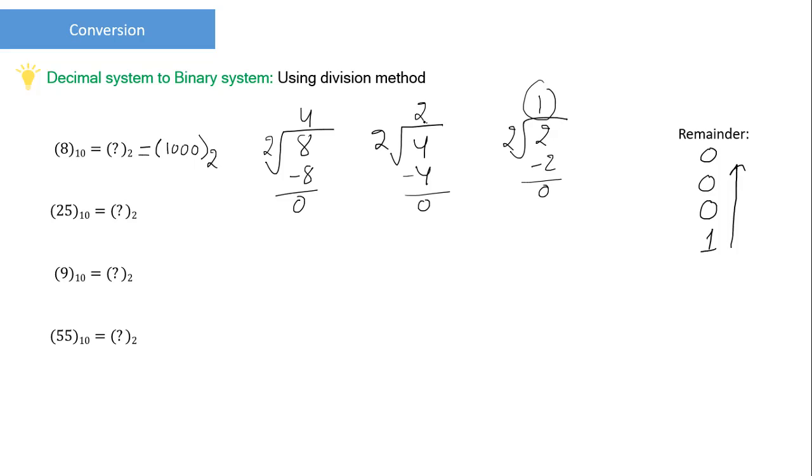Now we'll again divide this 2 by 2, we get the remainder as 0. So we'll write that remainder on the right hand side, and in the end we'll always get this 1 as quotient. So we'll put that quotient 1 at the bottommost. The answer would be in the vertical direction, that is 1, 0, 0 and 0.